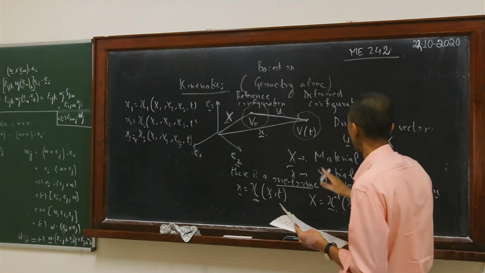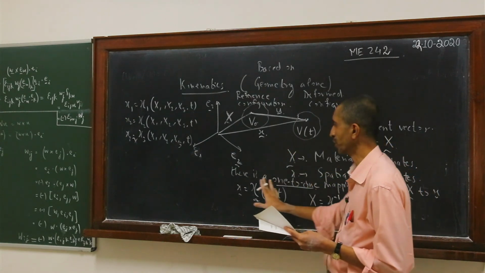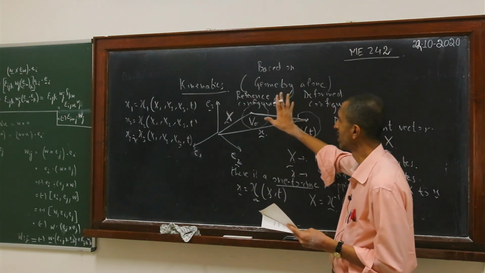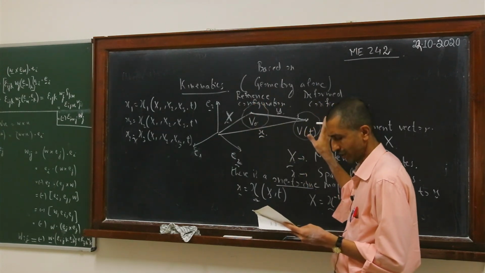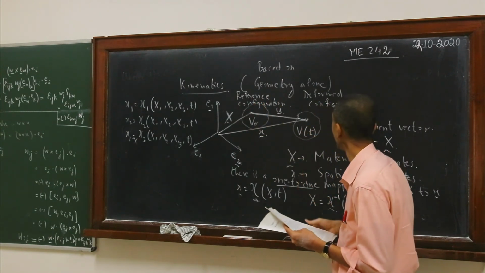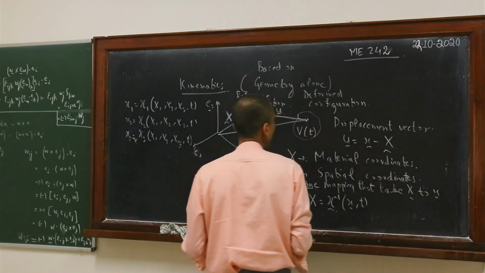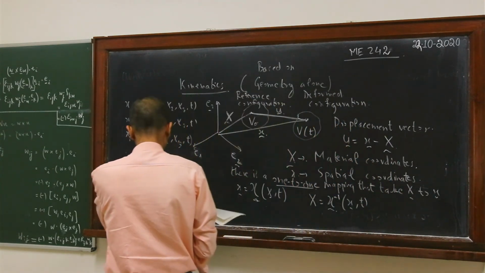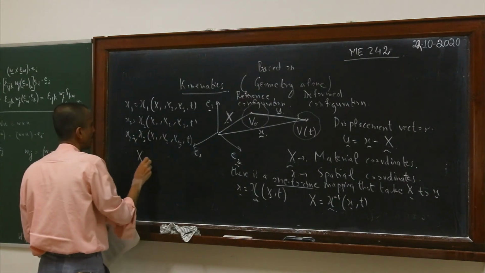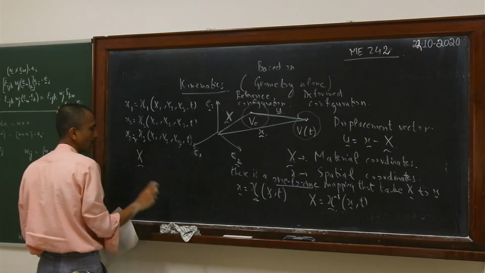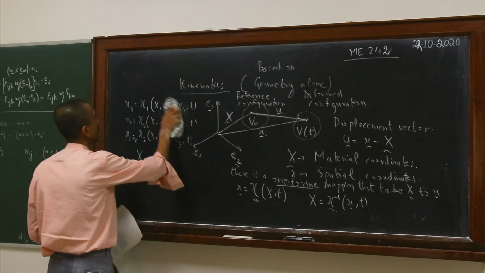So this whole thing is like a motion, right? Which goes from the reference configuration to some deformed configuration. Then the formulation in terms of capital X is called the Lagrangian formulation. So let me rewrite it here.